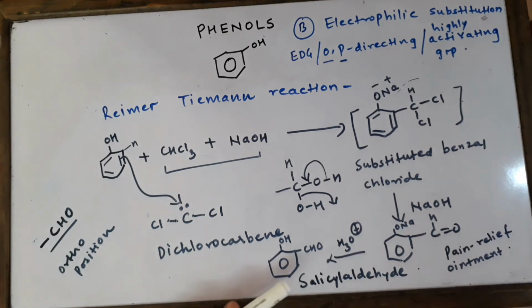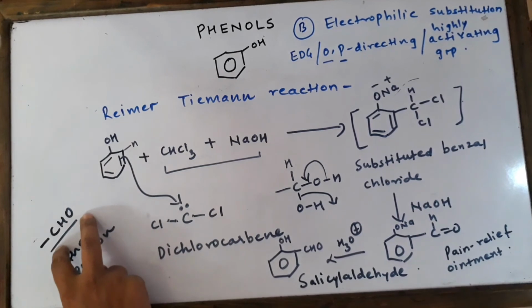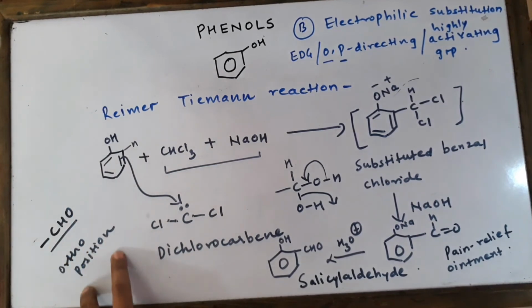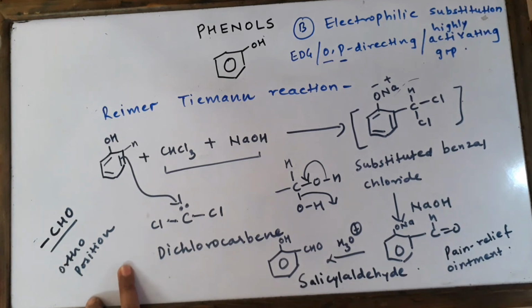So for example, Volini is a kind of pain relief ointment, and so on. All right, so in Kolbe's reaction, the carboxylic group gets introduced at ortho position and we get salicylic acid, and in Riemer-Tiemann reaction, the formyl group gets introduced at ortho position and we get salicyl aldehyde.